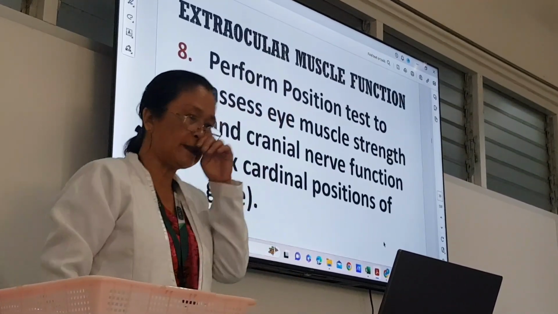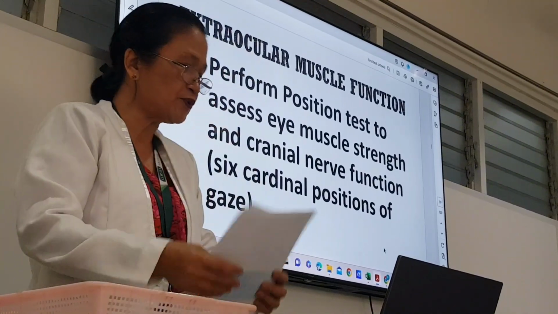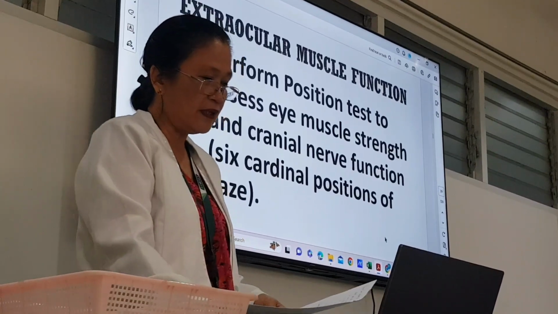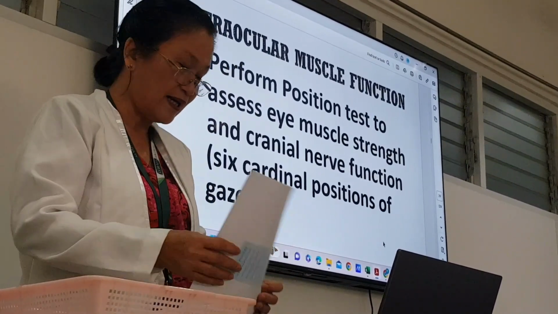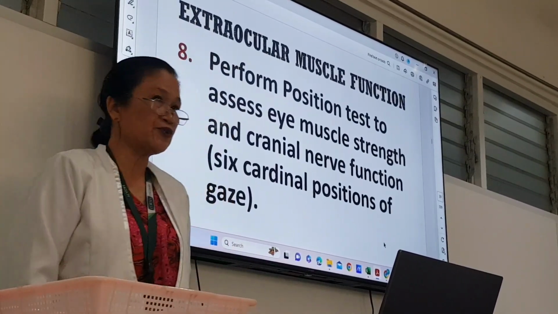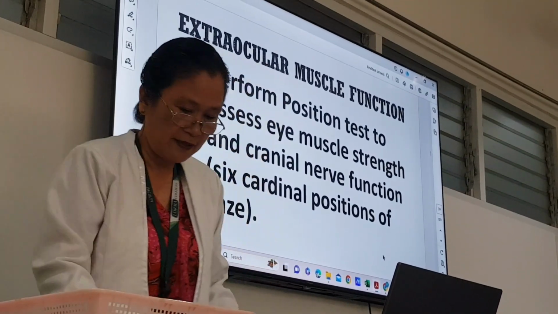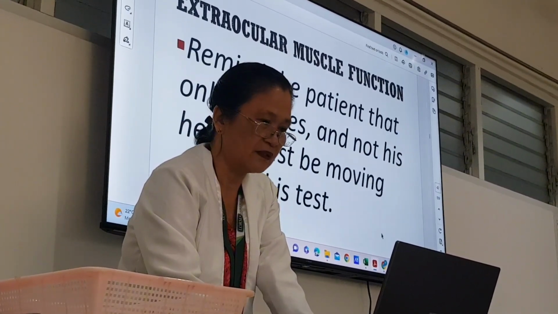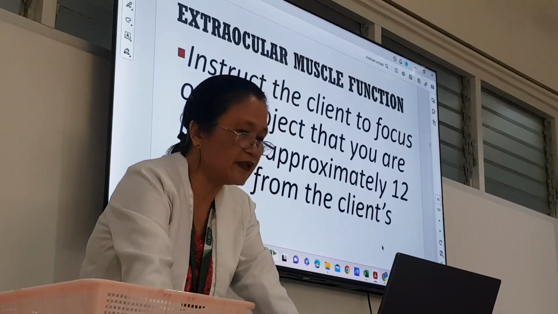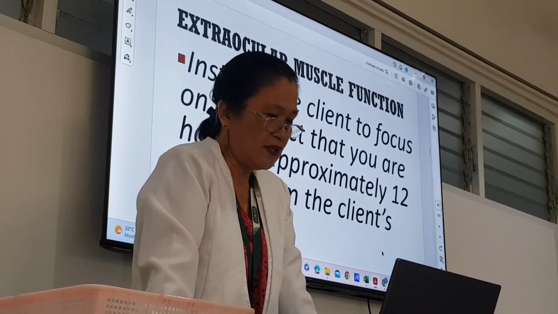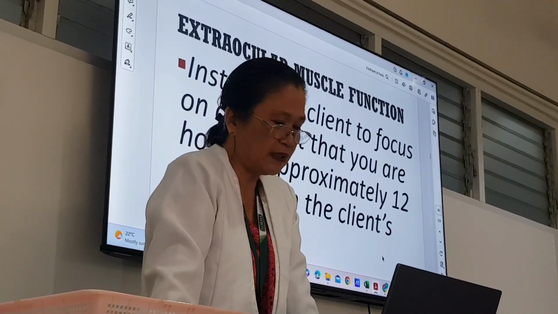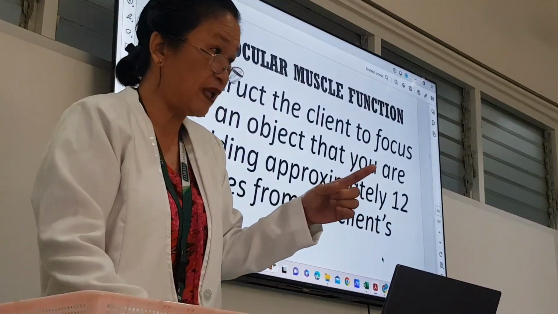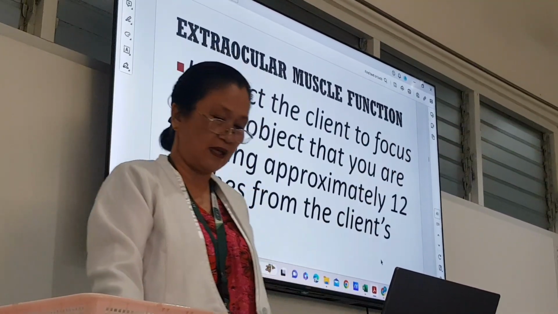Now let's go to the position test to assess eye muscle strength and cranial nerve function. There are 6 cardinal positions of gaze. Instruct the client to focus on an object that you are holding approximately 12 inches from the client's face, like the pen light.